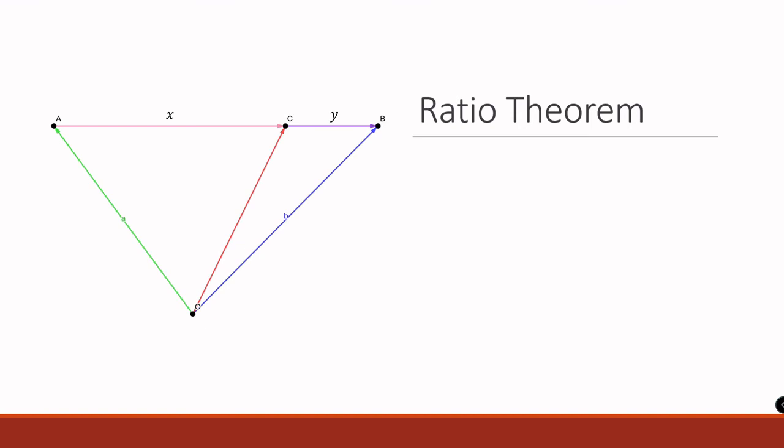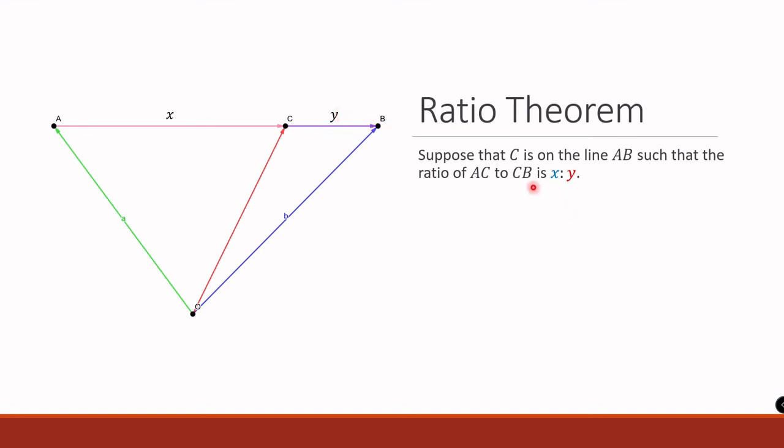So for the last concept that we will go through, it's the ratio theorem. Usually your diagram has to look something like this. It is for us to find the point C. What we need is the ratio of the vector AC to CB.